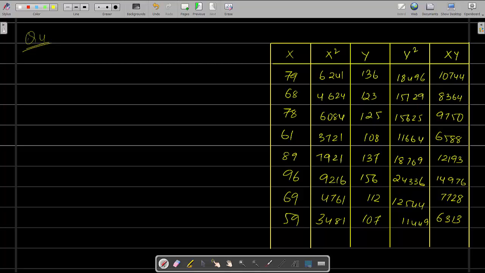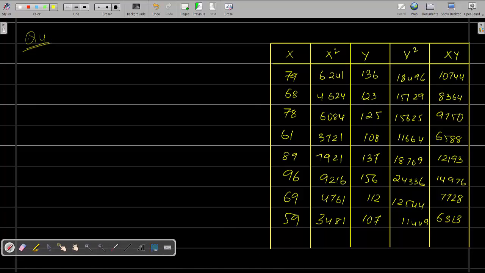Okay, so once you're done writing all this value, what you need to do now is you have to find the sum of all this value. Okay, so done till here. Okay, so here sigma x, if you add up all this value, you should get 599. Sigma x square, you should get 46049.